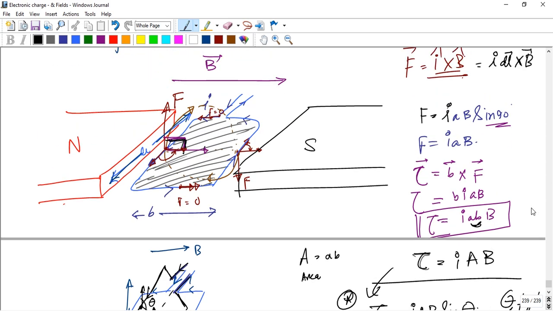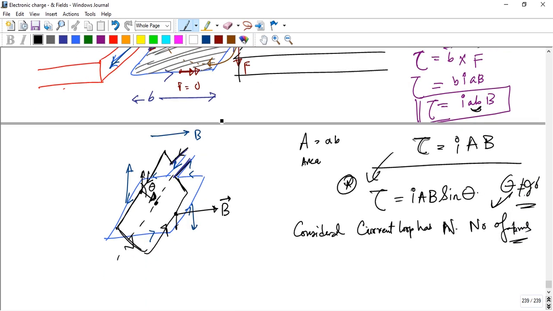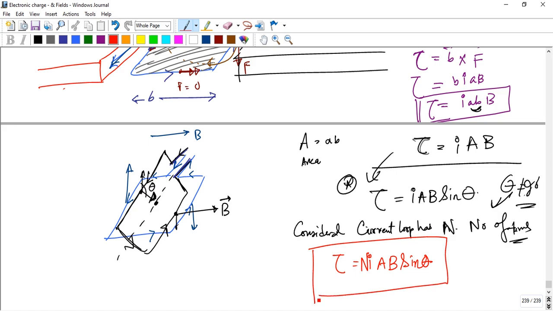Obviously there is a single turn, but now imagine n number of turns. Now the torque tau is IAB, that is n, obviously n I A B sine theta. That's the modified torque here.